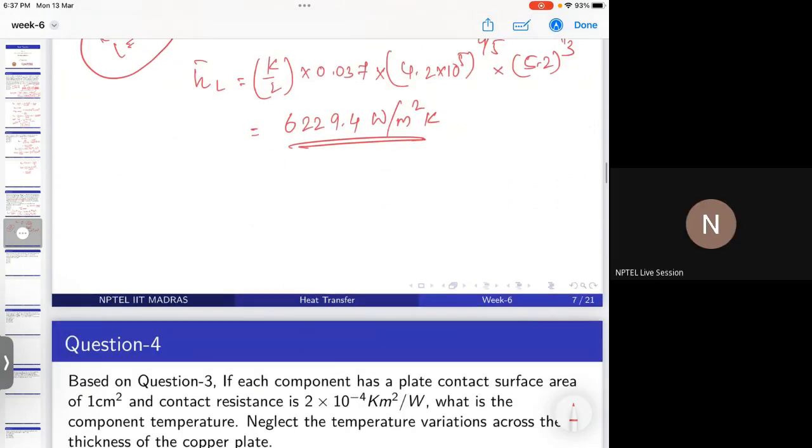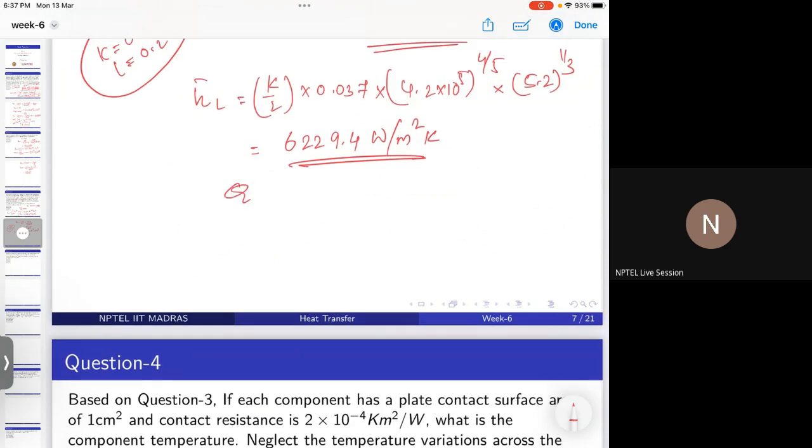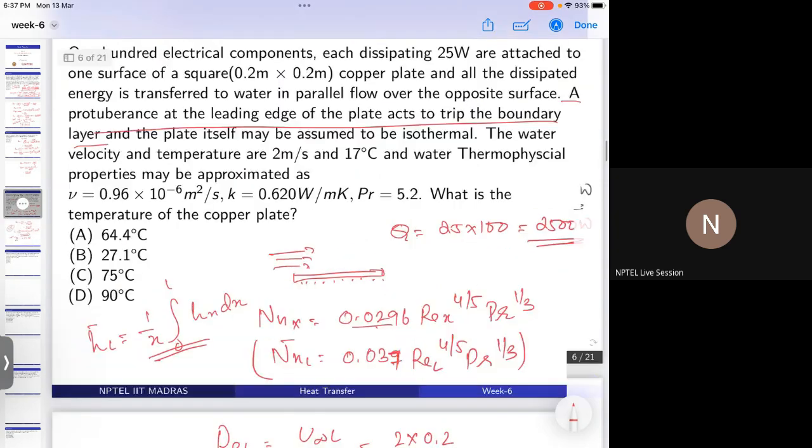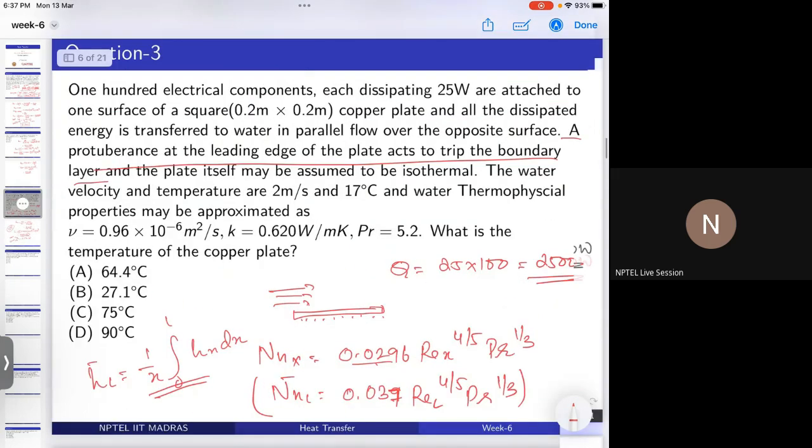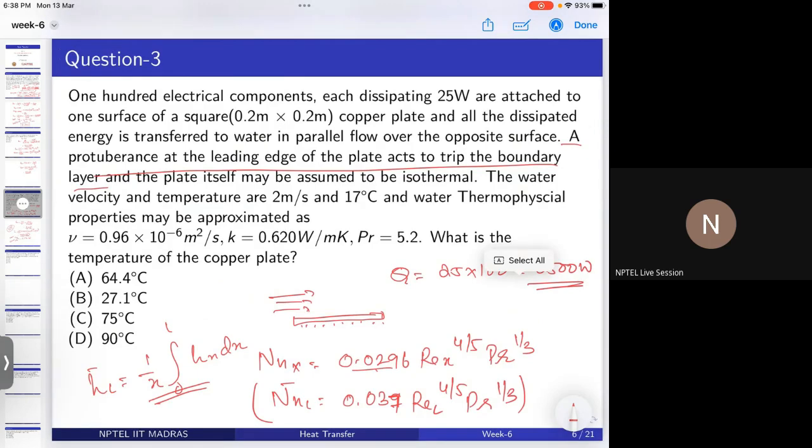So now you got the average heat transfer coefficient. Just substitute this. Q is given, that is 2500 watts. What is the total area? 0.2 into 0.2. h we already found out. So what we need to find out is Ts. T infinity is already given. How much? 17. Okay.